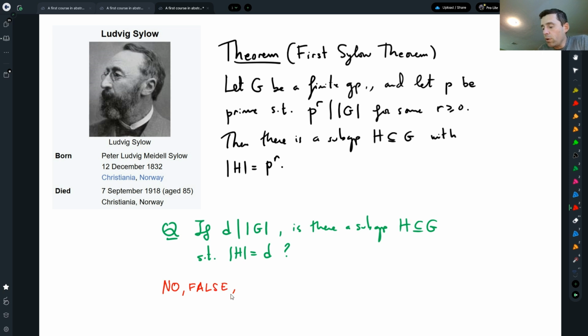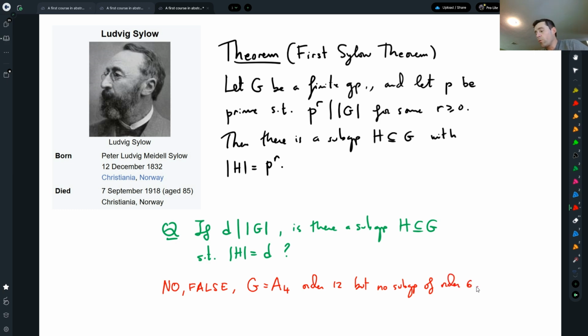Because, for example, if you consider G to be A4, A4 has 4 factorial divided by 2, so 12. It has order 12, but it has no subgroup of order 6. You can prove that.